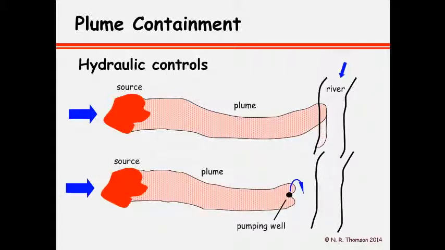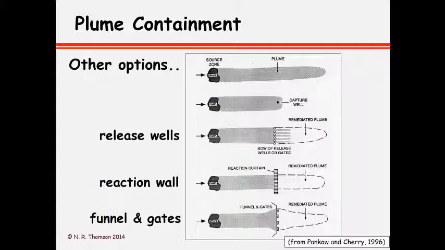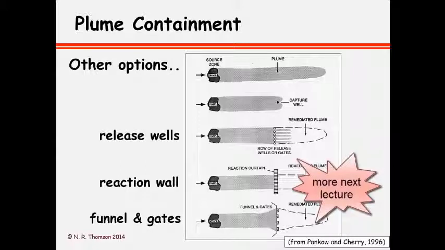We could place an extraction well down gradient of the dissolved phase plume, extracting the fluid from the ground, thereby restricting the plume entering the receiving water body. Other options for plume containment deal with a series or a row of passive release wells, perhaps a reaction wall, or perhaps a funneling gate.